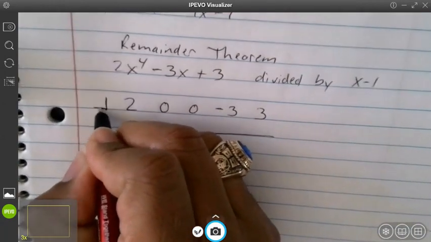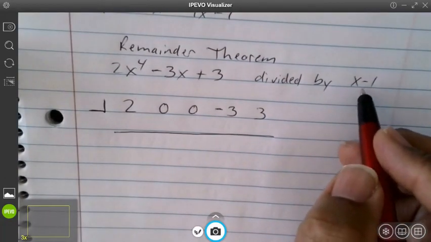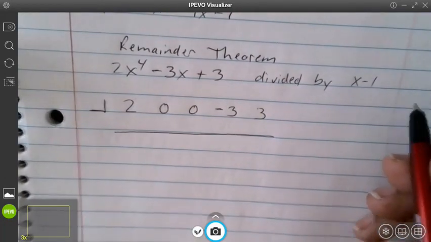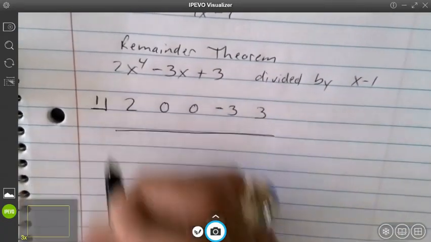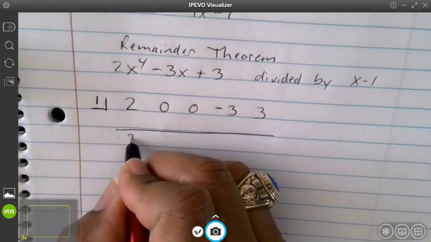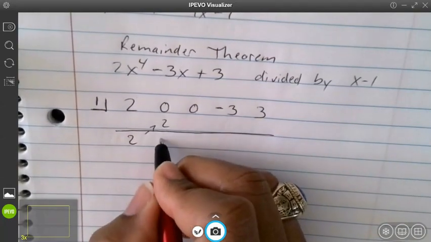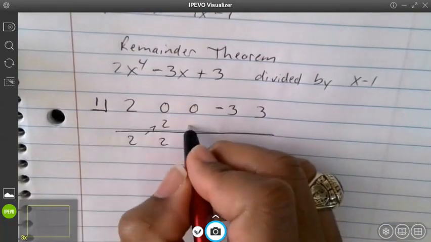Remember, write our box with synthetic division. Remember our solution here: what minus 1 gives you 0? Positive 1. So positive 1 goes into the box here. Again, nothing changes for our synthetic division. Bring down the first term, 2. Multiply, I get 2. Add that together, I get 2. Multiply, I get 2.